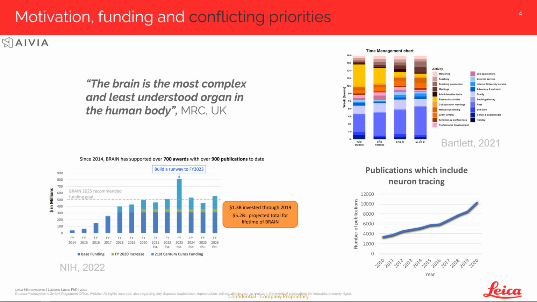The community has been rallying around the topic of neuron tracing, and you can see that as an increase in publications in the last several years. And we want to contribute to that acceleration because understanding the structure of neurons is going to help tremendously in understanding the structure and function of circuits and ultimately of the brain.